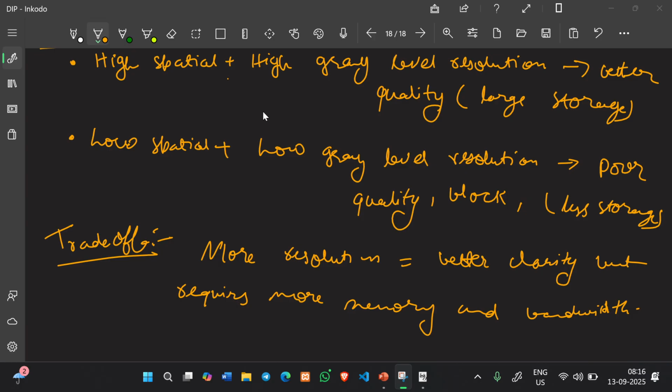Both are equally important for good image quality, and there is always a trade-off between quality and storage. If you improve the quality, the storage will increase, and if you decrease the quality, the storage will be less. So that's all about today's video. We understood spatial resolution and gray level resolution, the two parameters that together define how good or bad an image looks in digital form.